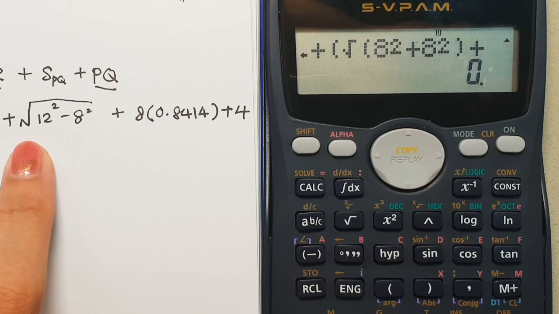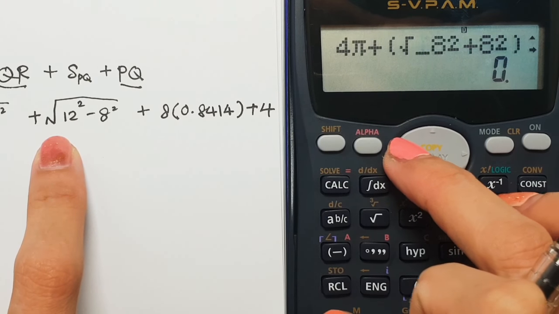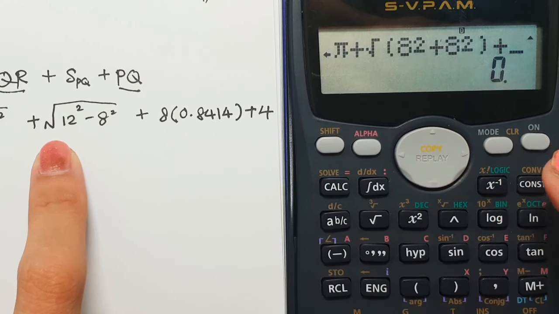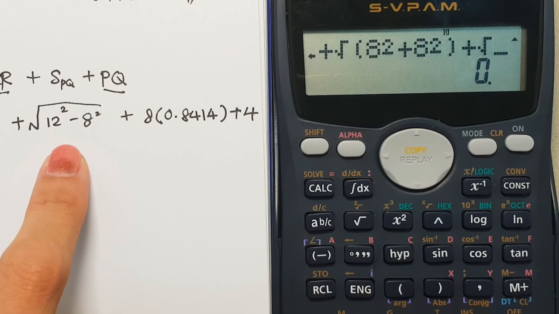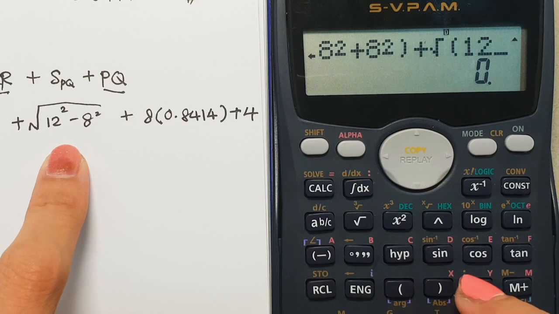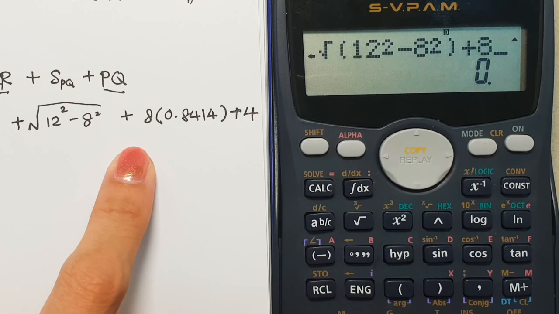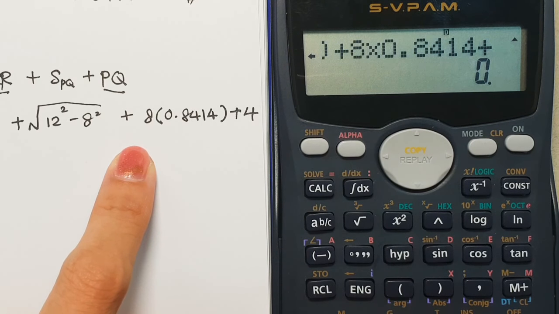Then plus square root of bracket 12 squared minus 8 squared, close bracket, and then plus 8 times 0.8414, and then finally plus 4.